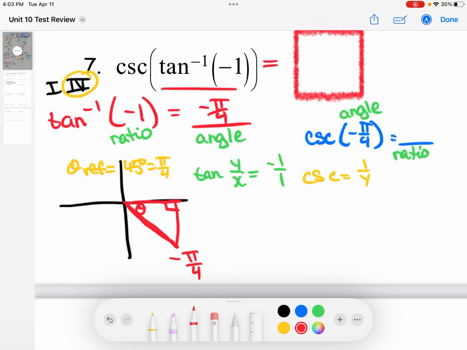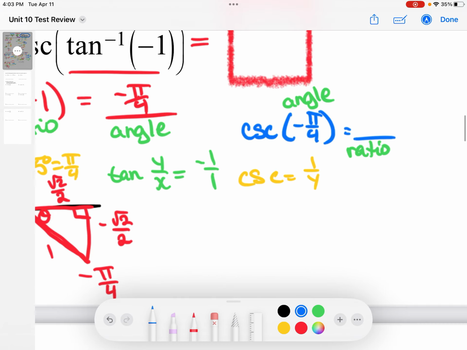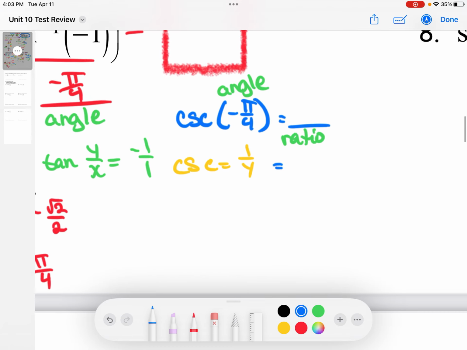Being a 45, 45, 90 triangle, the legs are root 2 over 2. The y is negative because we are in quadrant 4. Hypotenuse is 1. So 1 over y would be 1 over root 2 over 2. 1 over a fraction just flips it. So that's 2 over square root 2.